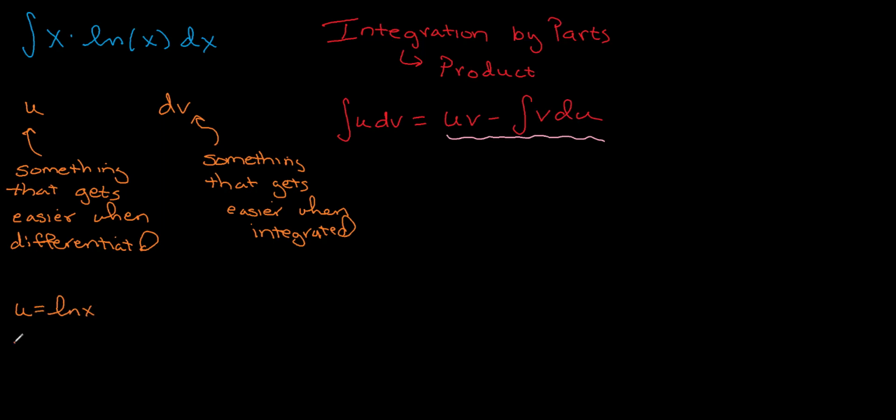And then that means that du equals, derivative here, 1 over x dx. That was totally pain-free because I know the derivative of the natural log. So that was really good. And then dv over here. If this is u, then dv is going to be everything else. So dv is going to be x dx.